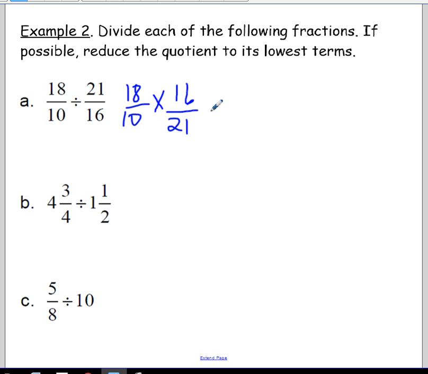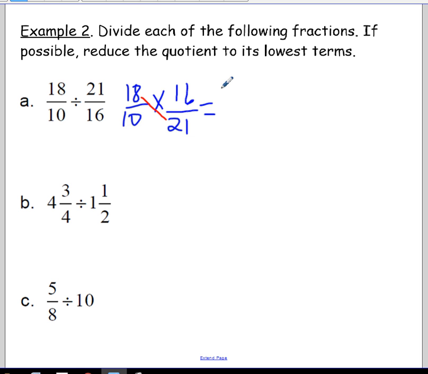I'm not going to say it's going to give us the final reduced answer, but what I want to do is take my 18 and turn it into a multiple of 3, because 21 is a multiple of 3. So that's one thing that I notice, is that 3 can go into 18 and 21 evenly.